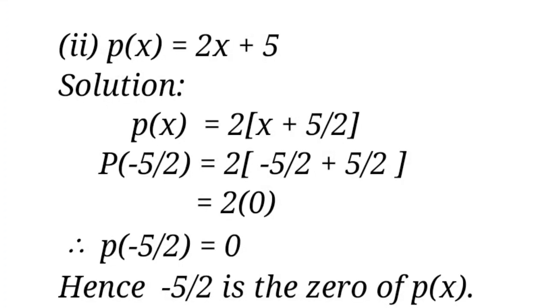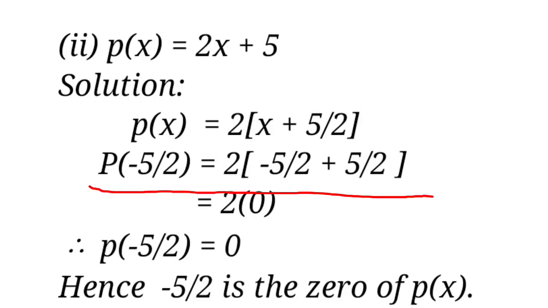Second subdivision, p of x is equal to 2x plus 5. Solution, p of x is equal to 2x plus 5. Here taking 2 as common, then p of x is equal to 2 into x plus 5 divided by 2. Let us take x is equal to minus 5 by 2.